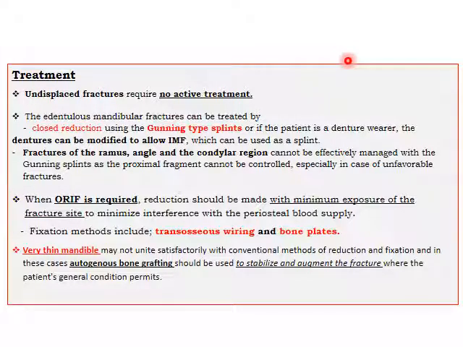So I have multiple choices depending on the case, the age of the patient and the condition. First, when there is an undisplaced fracture, you remember we defined displacement, we said sometimes it is slight and sometimes significant. If the fracture is undisplaced, no active treatment is needed. That is, if there is no displacement, as long as there is contact between the bone, healing can occur.